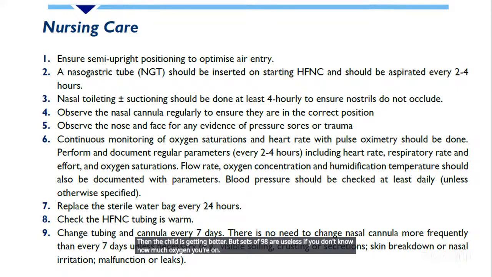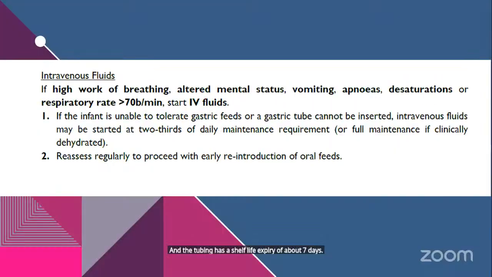Because if I take SATs right now on me, and they're 98, and someone intubated upstairs has SATs of 98 on 100% oxygen, that's extremely different. Okay? The sterile water bag is replaced every 24 hours, sorry, and the tubing has a shelf life expiry of about 7 days. Okay?